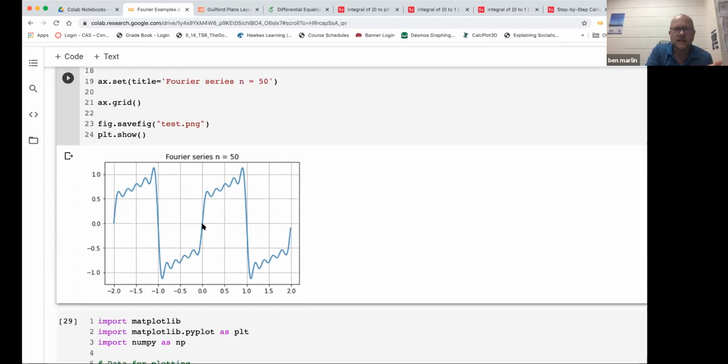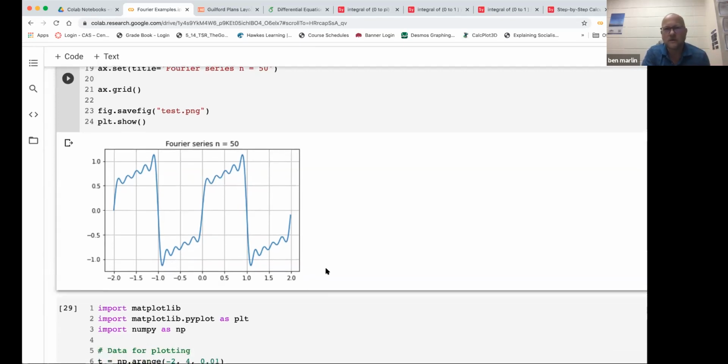I wanted it to have a slope of -1 here between 0 and 1, and the same slope over here. So clearly something went awry, and I have to figure out what went wrong.